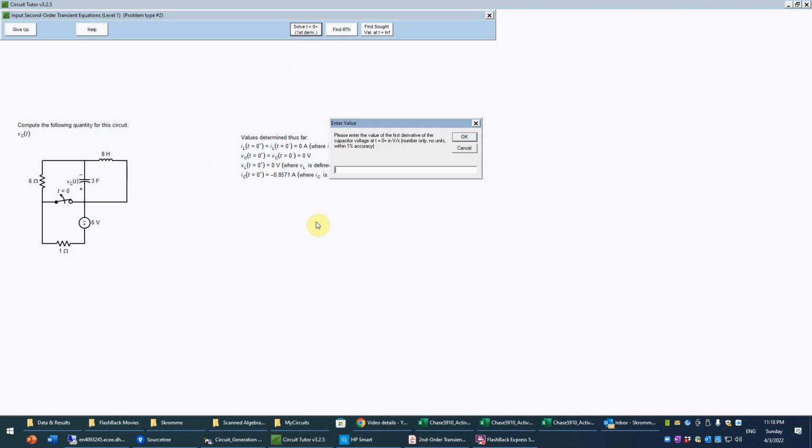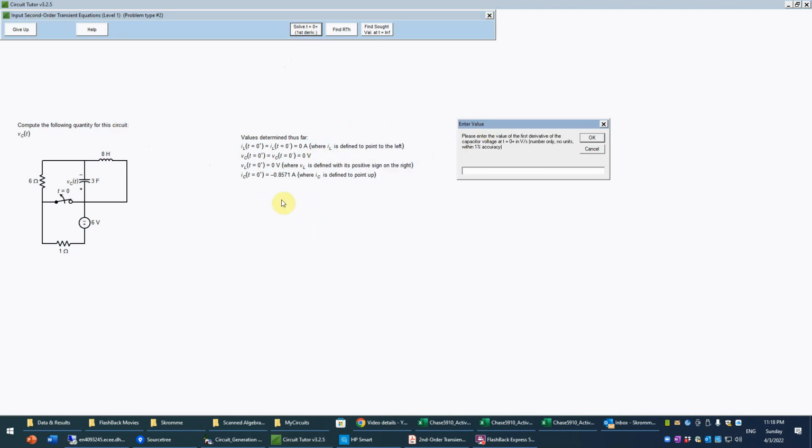So now we're going to take that current that we found, which was the minus 0.8571 amps. That's defined as going up. So we verified that, again, we're using passive sign convention. Otherwise, we'd have to put a minus sign in. Divide that by the capacitance, because, again, dV/dt is IC divided by C, the capacitance value.